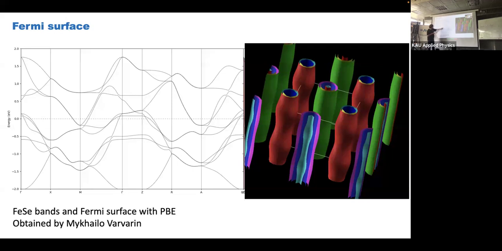You see one band and another, so three bands go to gamma, and then these three bands go to Z, and that's why we have three cylinders here, one inside the other. And this narrow band is in the middle. You see, this is some cross-section of this cylinder. It's in the middle, and then it even rises when we approach Z, and it becomes slightly wider when we approach Z.